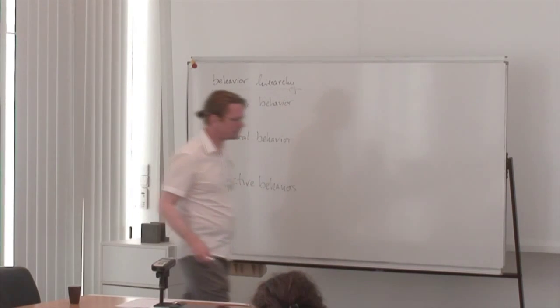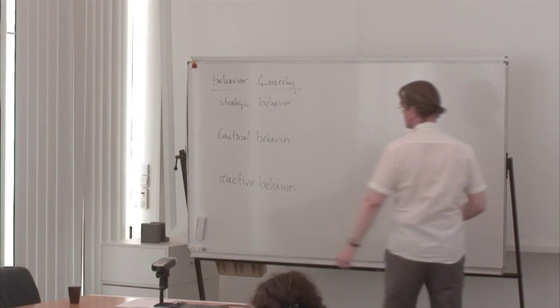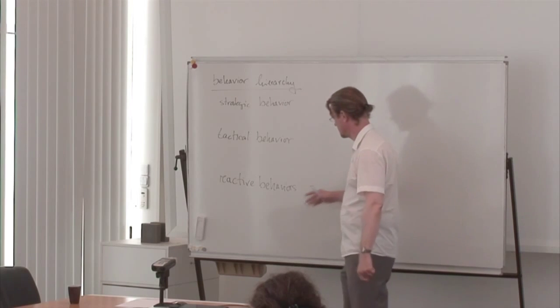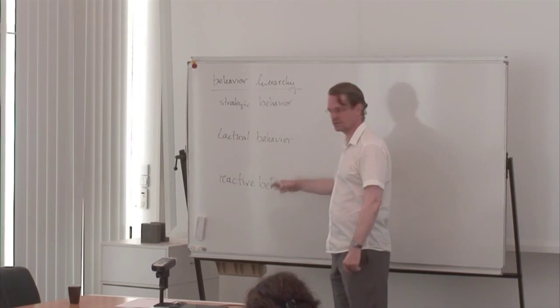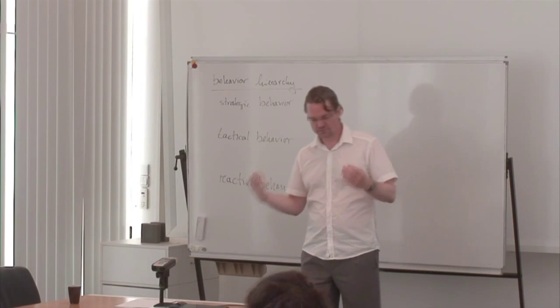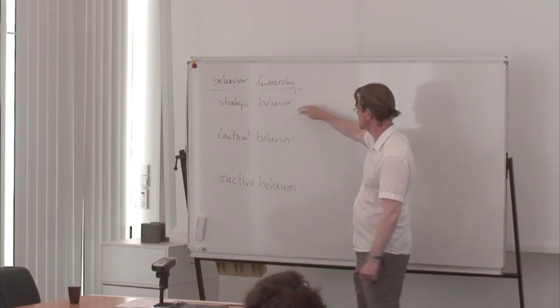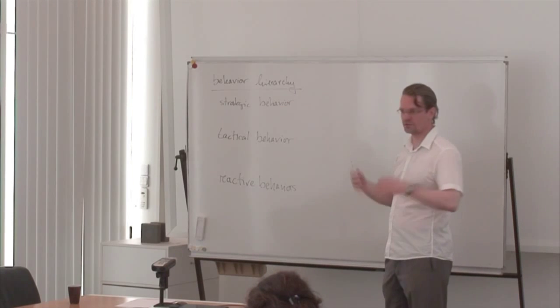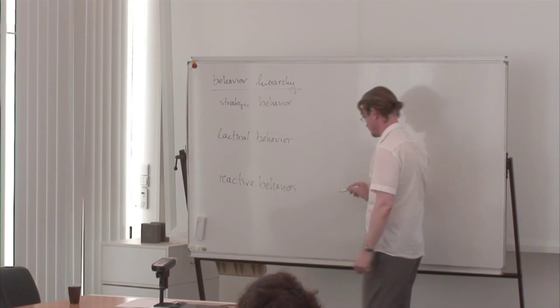Now, why would we call this a hierarchy? Well, of course we can say these kinds of things are easy to do. This requires a certain degree of reasoning and planning, and this may require quite a lot of reasoning and planning and scheduling and whatsoever.